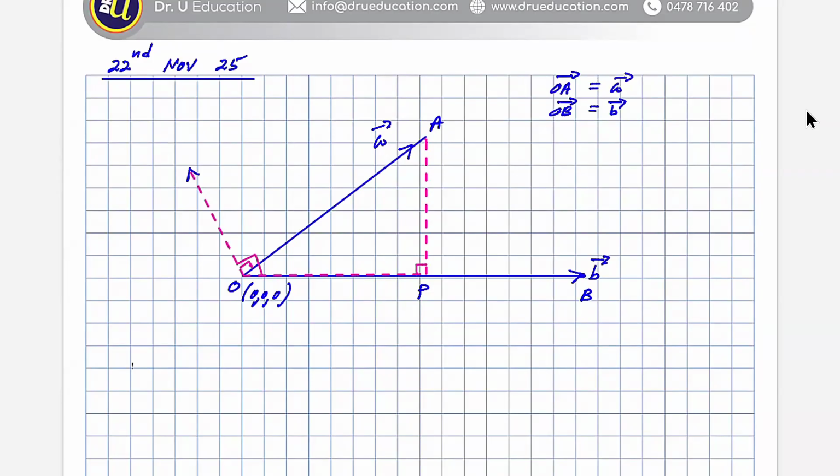Now, the OP distance is nothing but A vector dot B hat. You all good with that? So you can write A vector dot B hat, where B hat is B vector divided by the square root of B vector dot B vector.